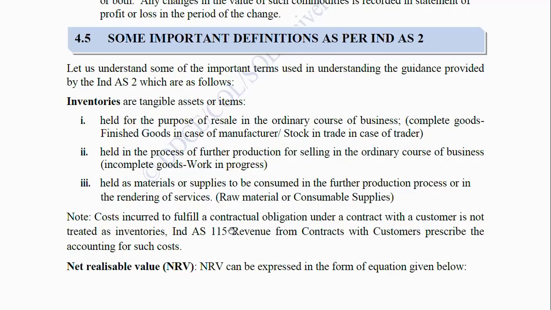Note: costs incurred to fulfill a contractual obligation under a contract with a customer are not treated as inventories. Ind AS 115 Revenue from Contracts with Customers prescribes the accounting for such costs.